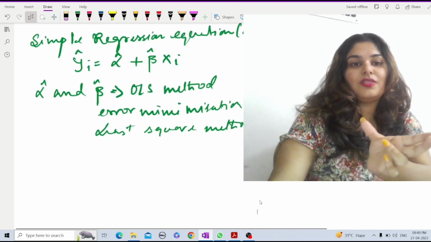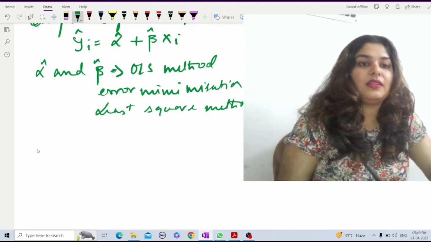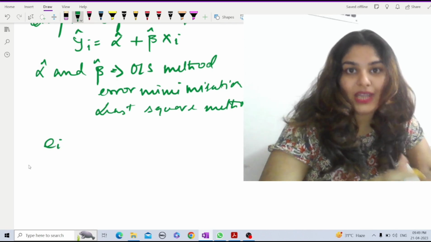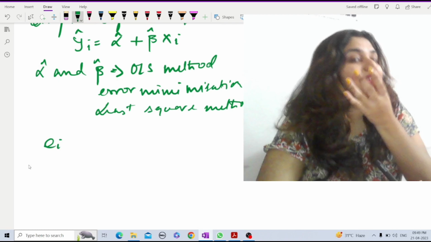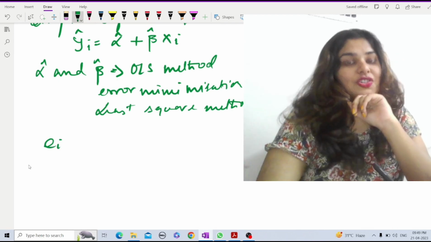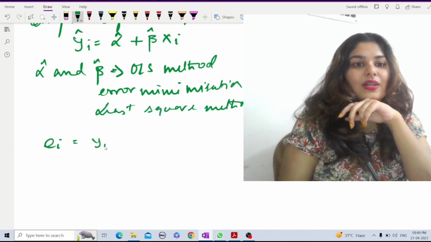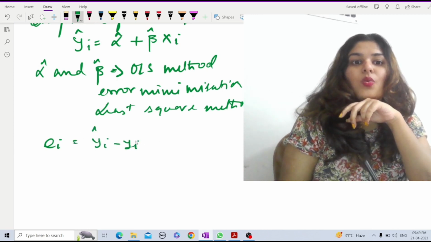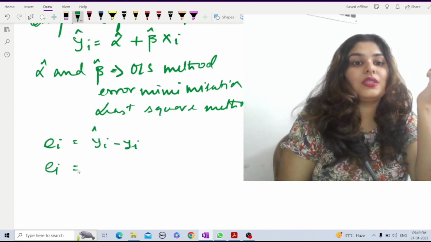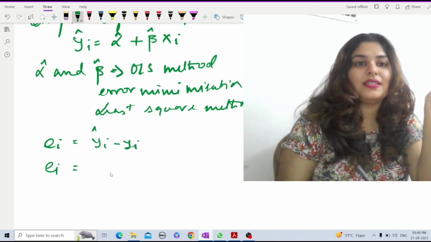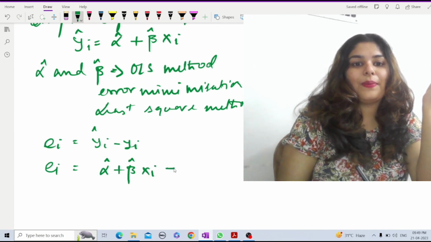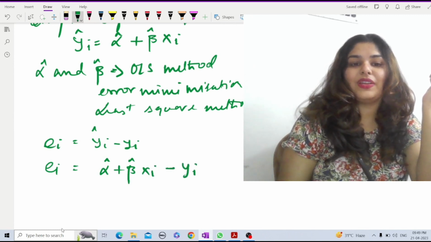The error is basically the mistake: the difference between the actual value of yi and the estimated value of that yi. So the error of estimation is ei, which is equal to yi hat minus yi, where yi is the actual value and yi hat is the estimated value. So ei is equal to alpha hat plus beta hat xi minus yi, right?